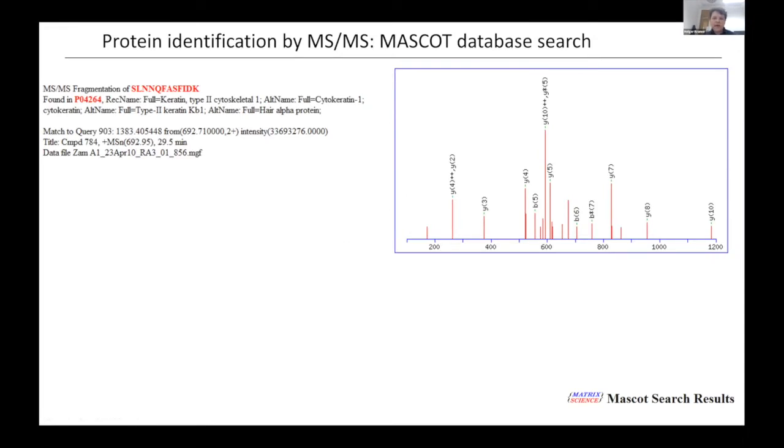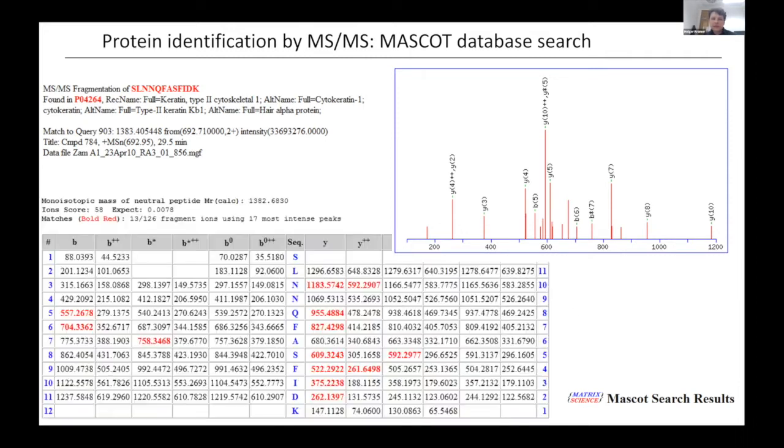And here's an example of this process, where a sample has been digested with trypsin, analyzed on a tandem mass spectrometer, and then a fragmentation spectrum was obtained. Computationally, it is possible to now assign a peptide sequence, an amino acid sequence, to a spectrum of this sort. And this is shown here in an algorithm called MASCOT.